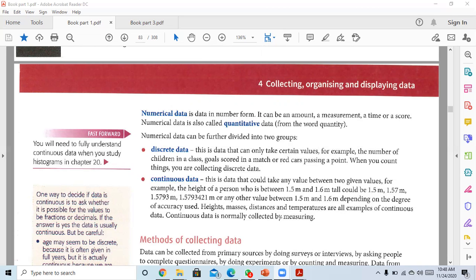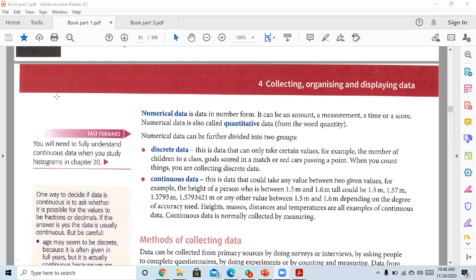Continuous data is data that you measure, and it changes and is not exact. It could take any value between given values. Let's suppose there is a number between 1 and 2, like 1.1 or 1.5.